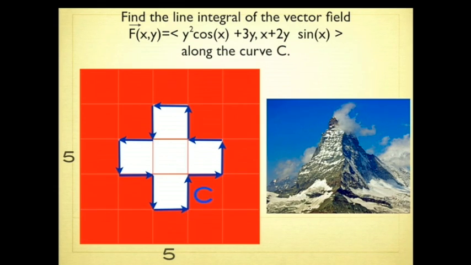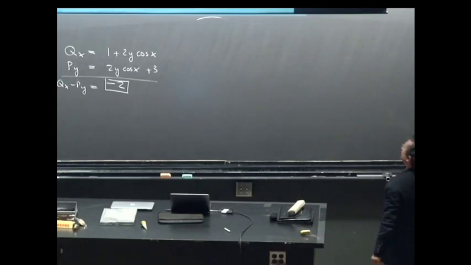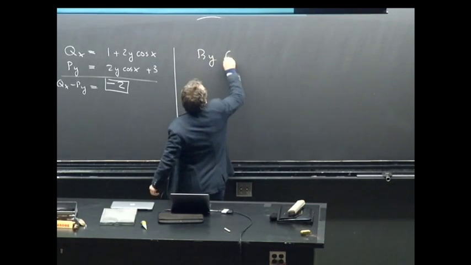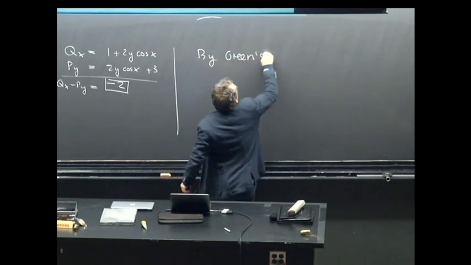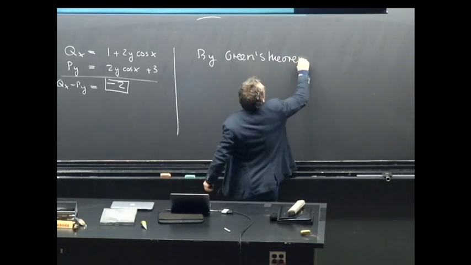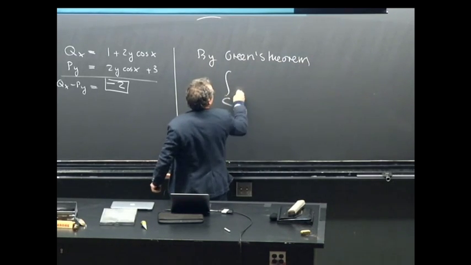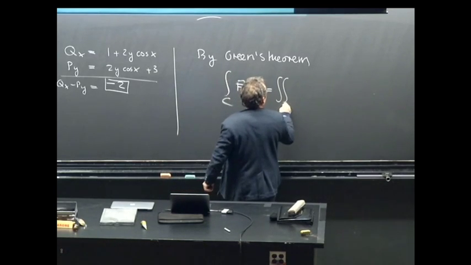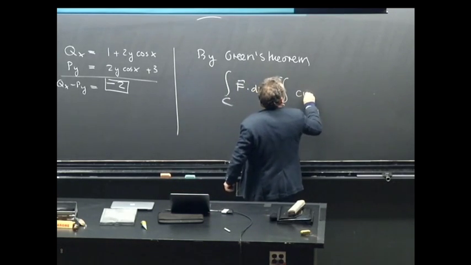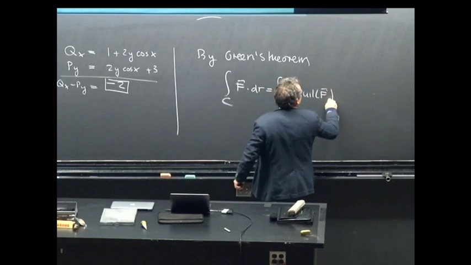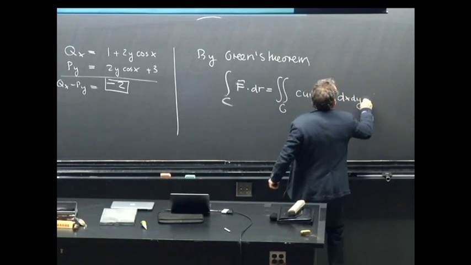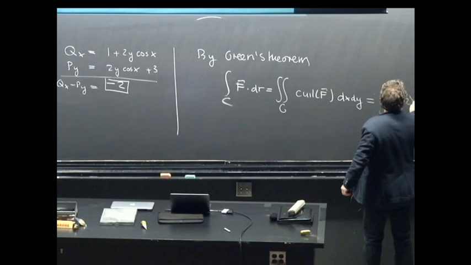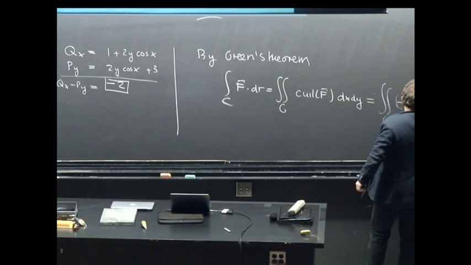Even if it's simple as that, don't put just the answer. So the answer is, by Green's theorem, a line integral F dot dr is the double integral over the region of curl of F dx dy, which is minus 2 dx dy.